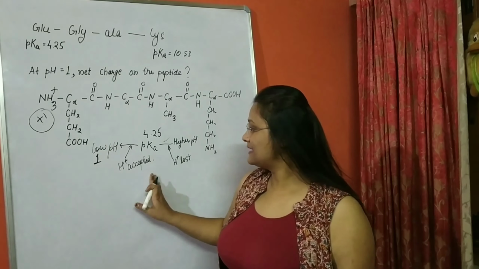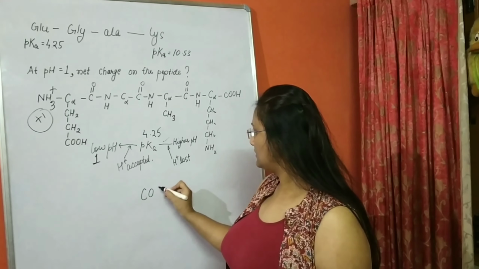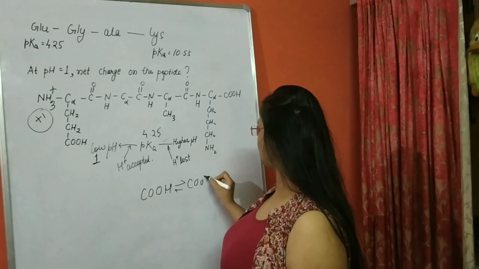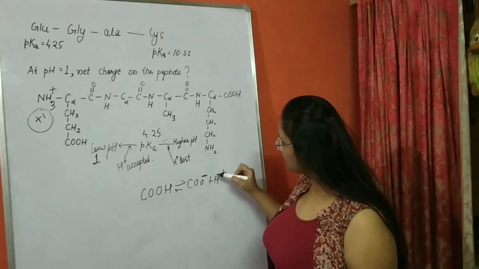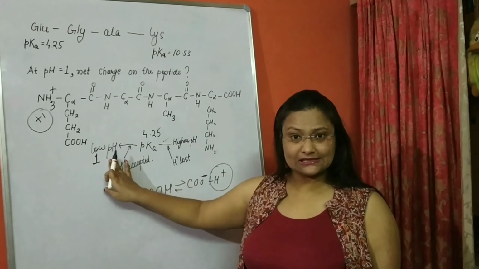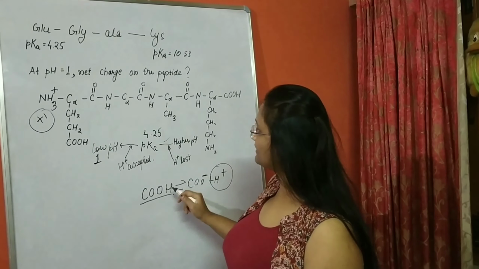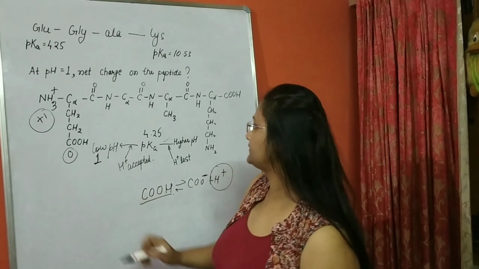So in this case, H plus will remain accepted. Otherwise, H plus would be lost, but since the pH is lower, H plus will remain accepted. So it will be COOH, and the charge will be 0.